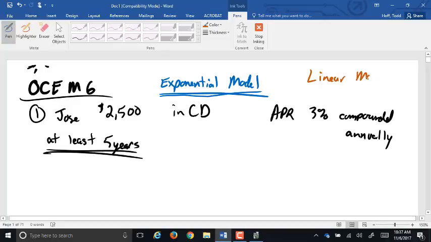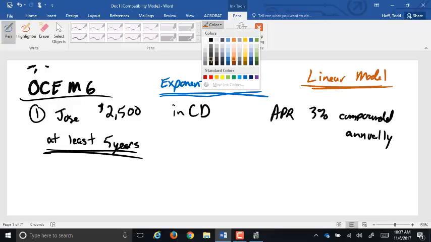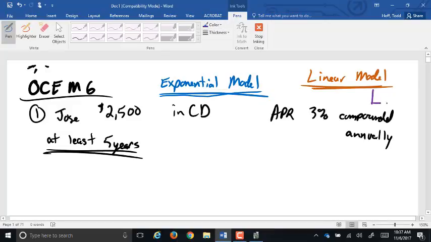And why was that called a linear model? And when we graph it, what shape does it make? Yeah, either a sloping up or sloping down line. So it makes a line on the graph. So it's called a linear model because on the graph it forms a line.